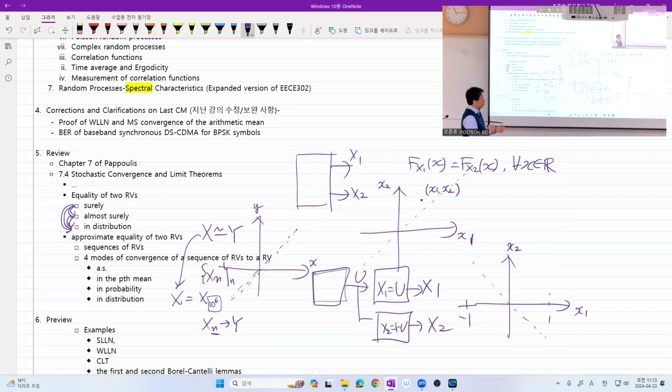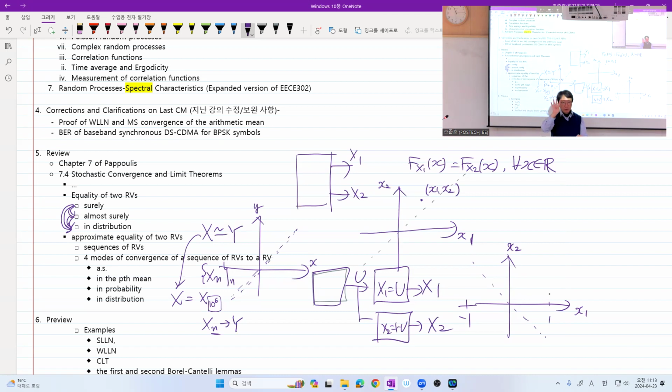And in order to discuss such convergence of a sequence of random variables, we need to remember our convergence of a sequence of functions to a function. There were definitions like uniform convergence, everywhere convergence, almost everywhere convergence, convergence in the p-th mean, and convergence in measure. However, when we talk about probabilistic material, we don't need uniform and everywhere convergence.